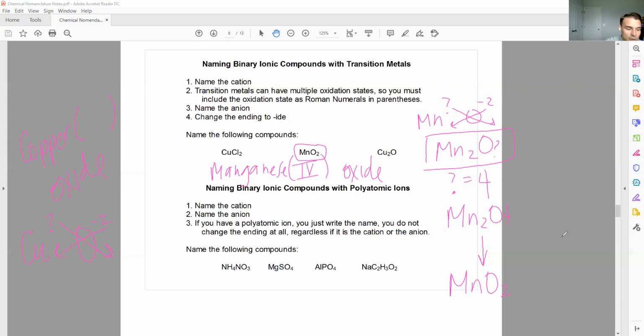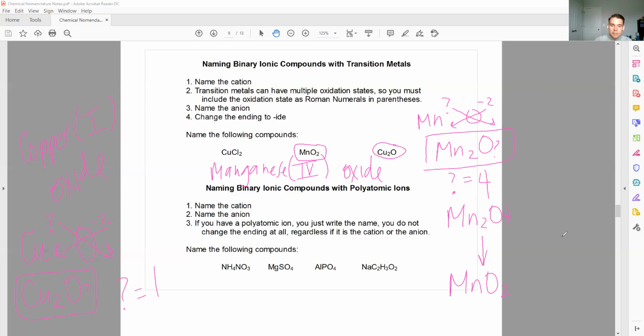And when I switch those, I get Cu2O question mark. Now that question mark has to be what to make this thing and this thing the same? That question mark has to be a 1, because then it would just be Cu2O. So this is copper 1 oxide. That's it. That's naming them.